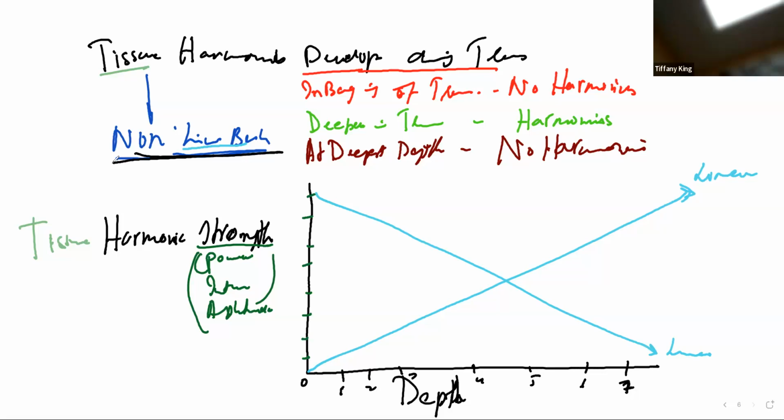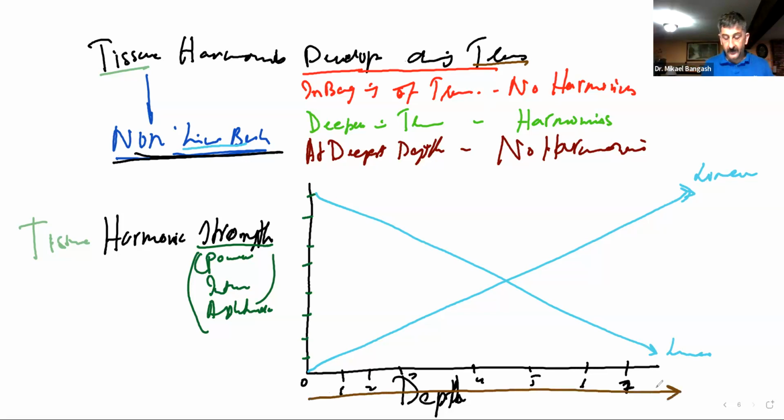Clear. What we are going to see now is that your tissue harmonics, which we say develop during transmission, meaning as we go to greater and greater depths, that development itself, my dear girls, is still going to be non-linear.